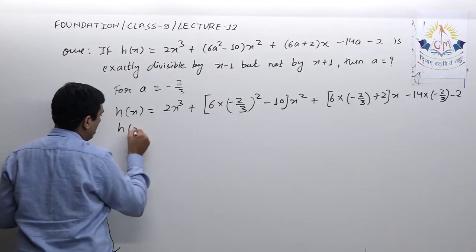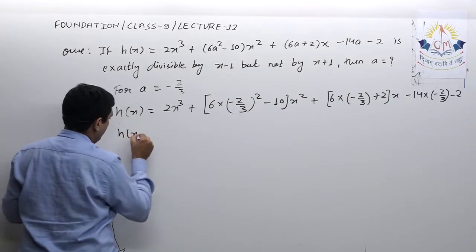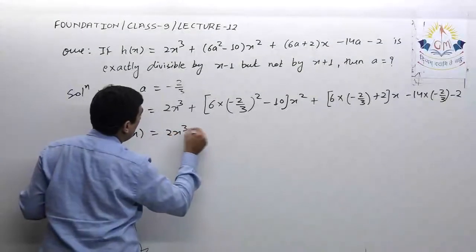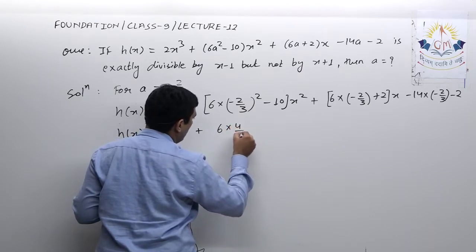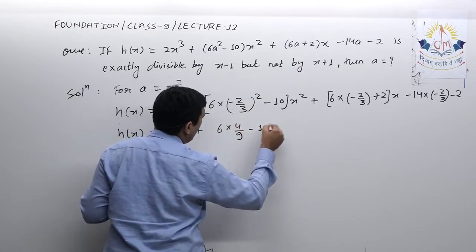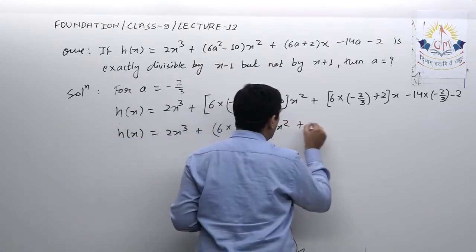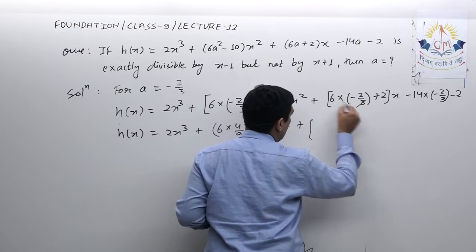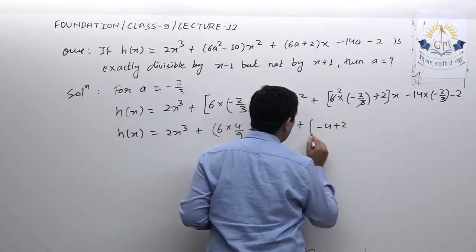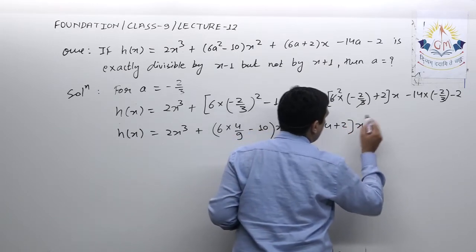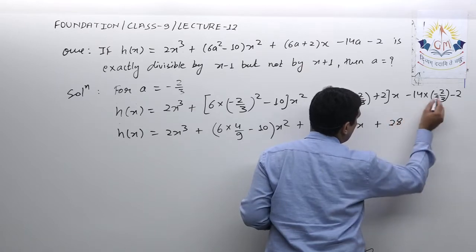So h(x) is equal to 2x cube plus 6 multiplied by 4 upon 9 minus 10x square plus, 3 2s are 6, so minus 4 plus 2x, here minus minus plus 28 by 3 minus 2.